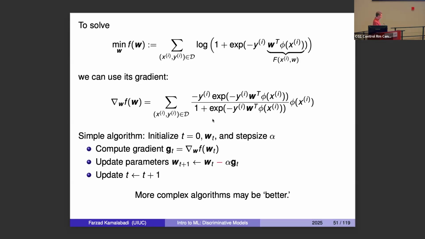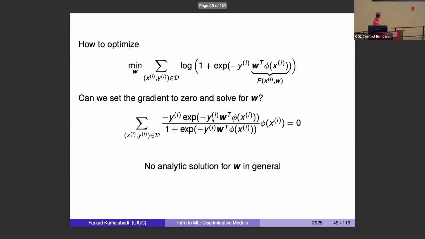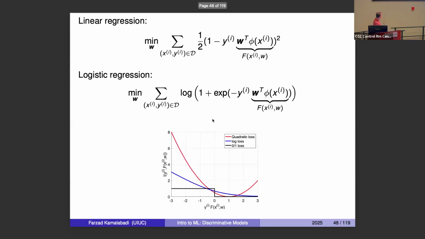So let me elaborate on that. That's a good clarifying question. This is the cost, for linear regression, but I need to find its minimum. I need to find its minimum because I get new data, and the same thing for this case.